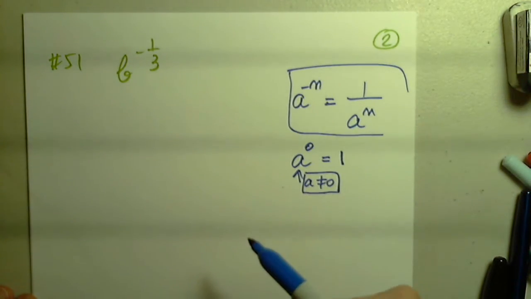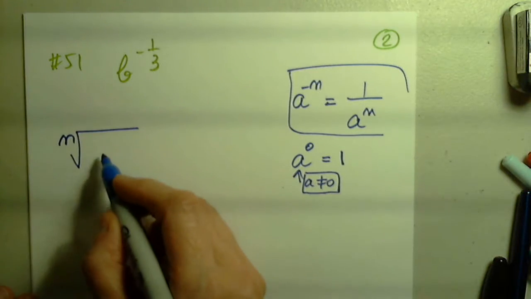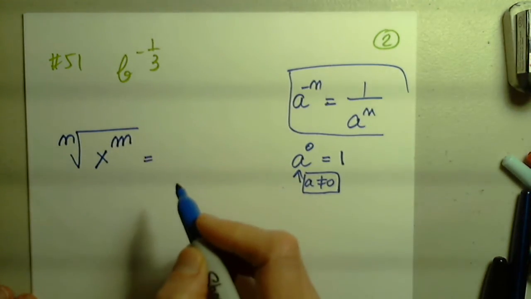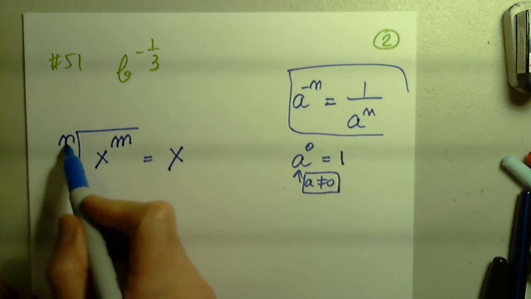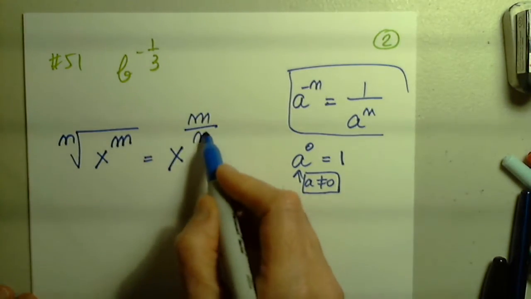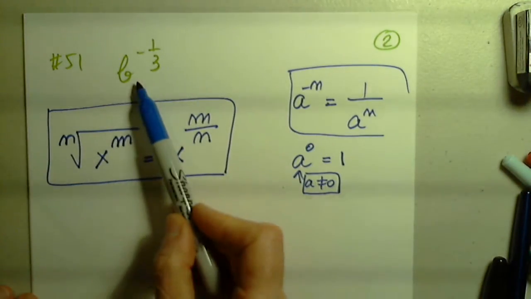Okay, so also the nth root of x to the mth power is the same as x to the m over n. This is the power, this is always the denominator. So this is what we're asked to do.